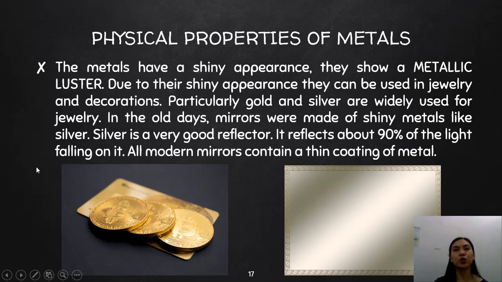Kaya maganda yung reflection when the mirrors were made out of silver. All modern mirrors contain a thin coating of metal. Yung mga mirrors naman po natin ngayon, meron pa rin siyang metal content, although very, very little.